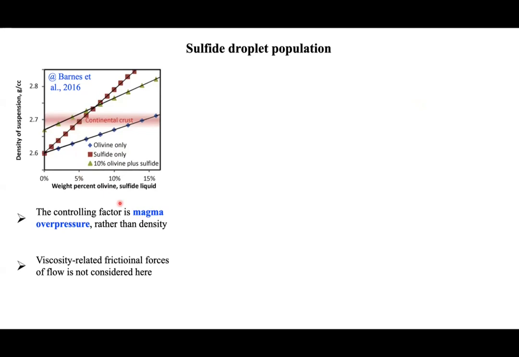But in my opinion, the controlling factor for magma flow and magma dike propagation is not the magma density. It depends on the magma overpressure.